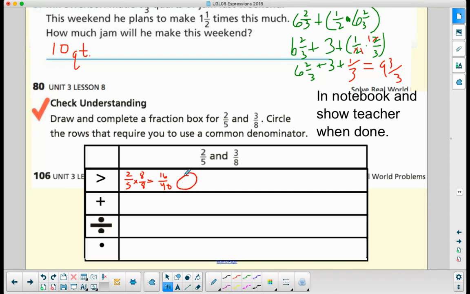Compared to 3/8, I'm going to multiply it by 1 in the form of 5/5, because 8 times 5 is 40. Gives me 15 40ths. And now I can compare. 16 40ths is greater than 15 40ths. So my compare is greater than.